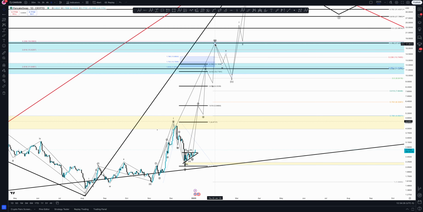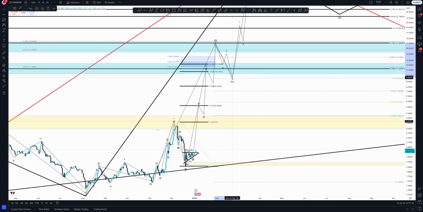Once you hit these targets, most of the early adopters take profit. Price comes down for a 50% retrace measured from our wave 2 low up to our projected wave 3 high. So it would come down to around that 950 region.